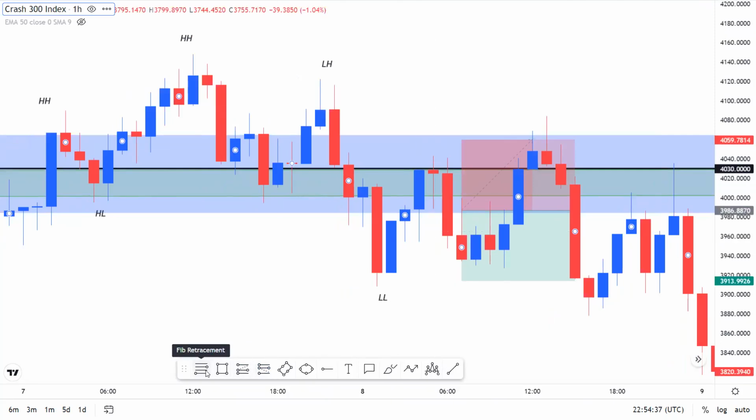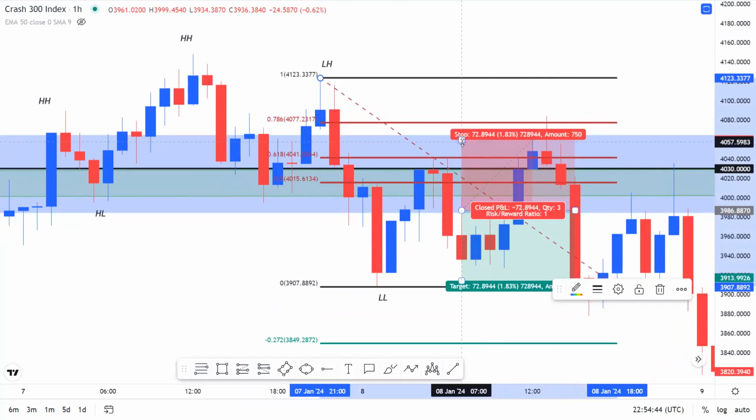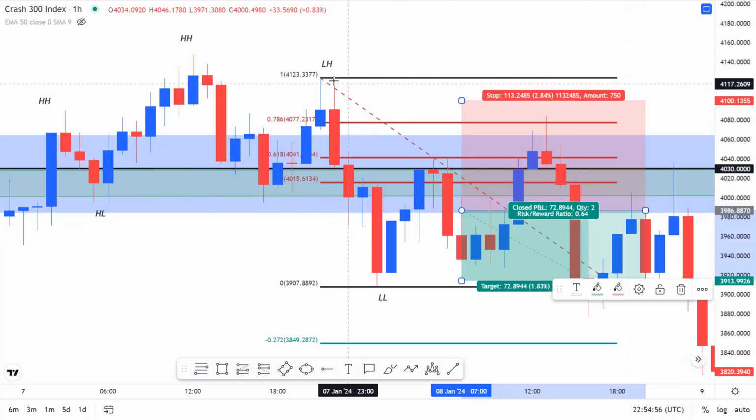And then I had a pretty tight stop loss on this, just above the 78.6 Fib reversal level.